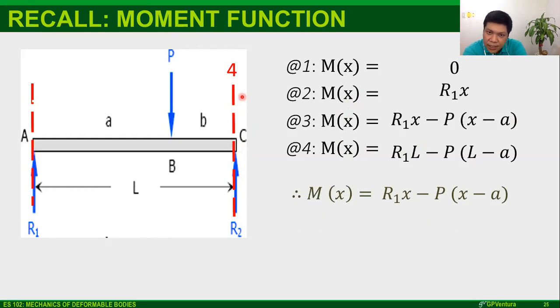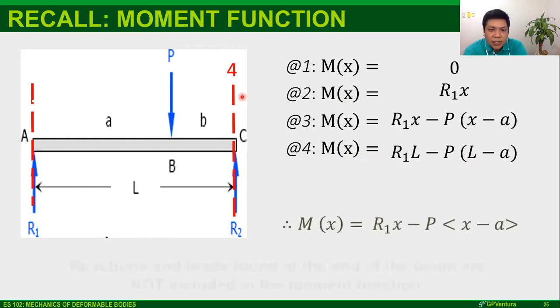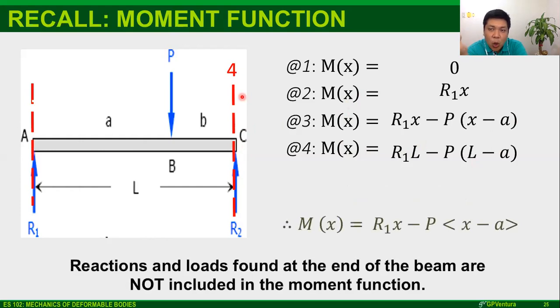Now, this is the bottom line. Reactions and loads found at the very end of the beam are not included in the moment function. So if I have a support reaction, if I have an applied load at the very end of the beam, they are not included in the moment function. Okay? Is that clear? So that's what I'd like to highlight in this slide only.